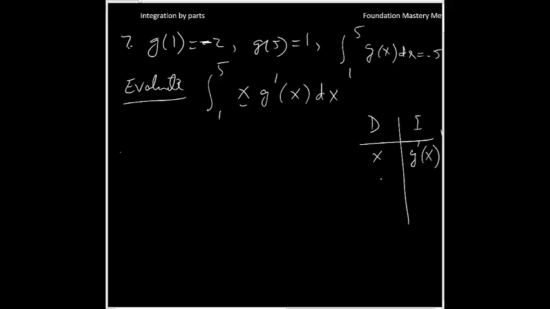Now the derivative of x is 1 and then 0. Who can tell me what is the integral of g prime x? Anyone? G of x. Very good, thank you. G of x. What is the integral of g of x? Definitely the integral sign. Integral of gx dx, see that? Isn't it?